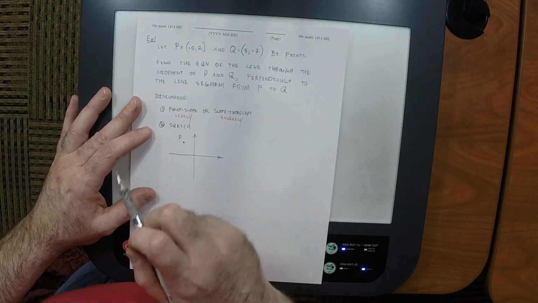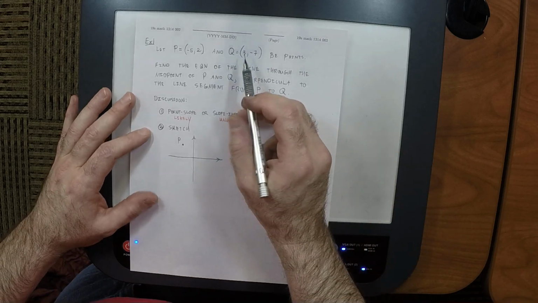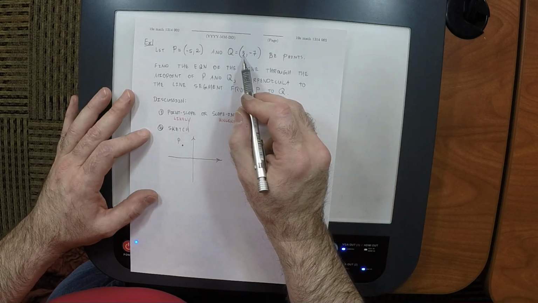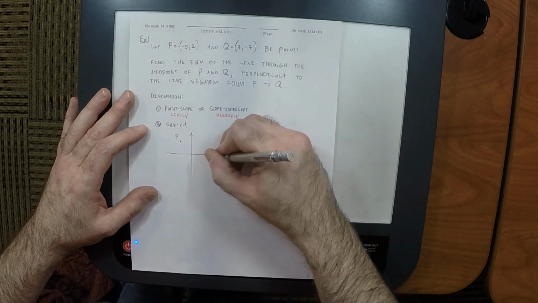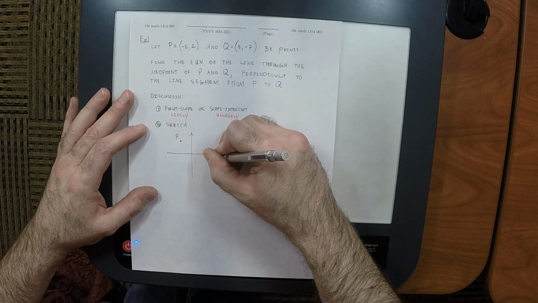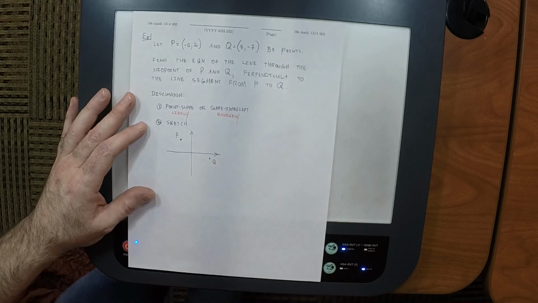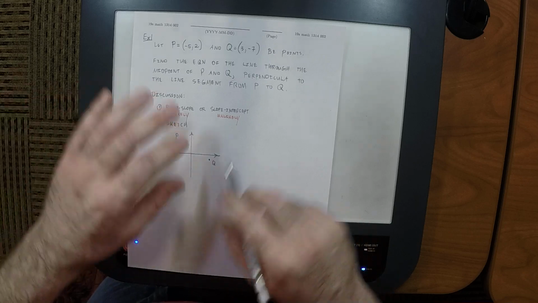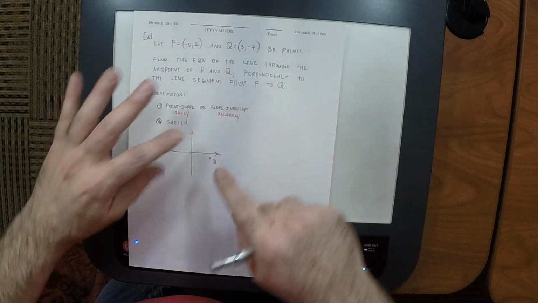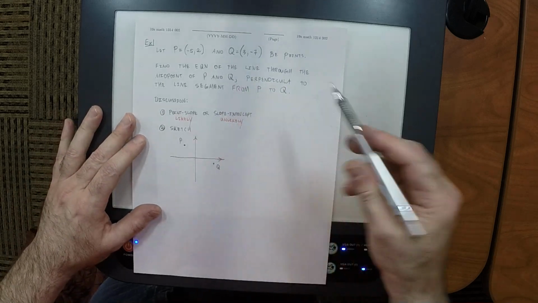And then in which quadrant is Q? It's in quadrant 4 because it's on the right half and the bottom half. Okay, so maybe this is Q right here. So there's Q. I'm not at all trying to get it exact. I'm trying to make sure that they're situated left and right, top and bottom properly.